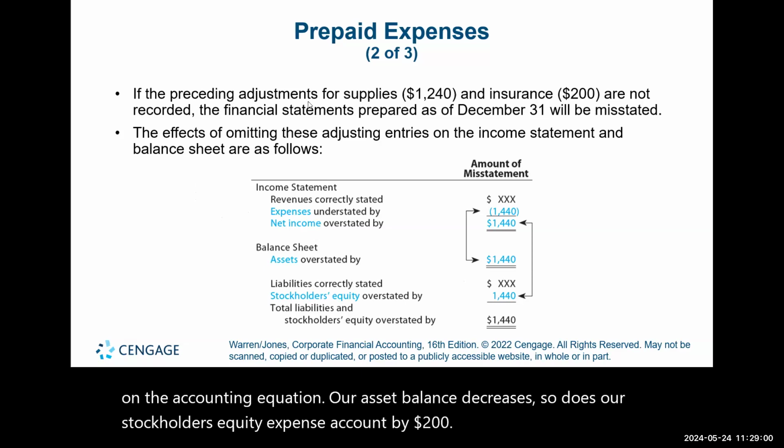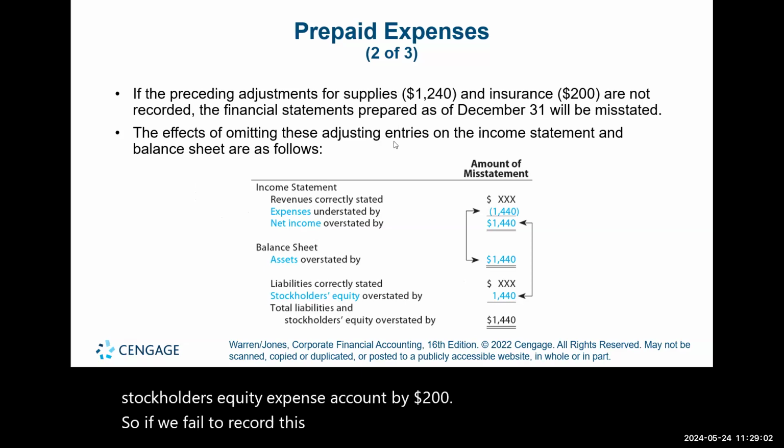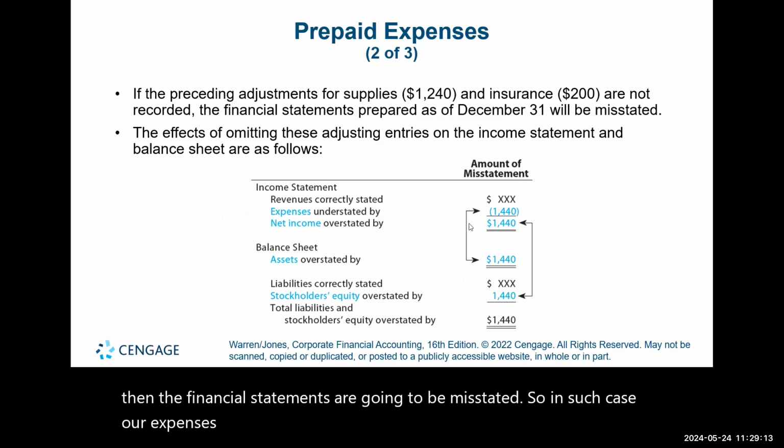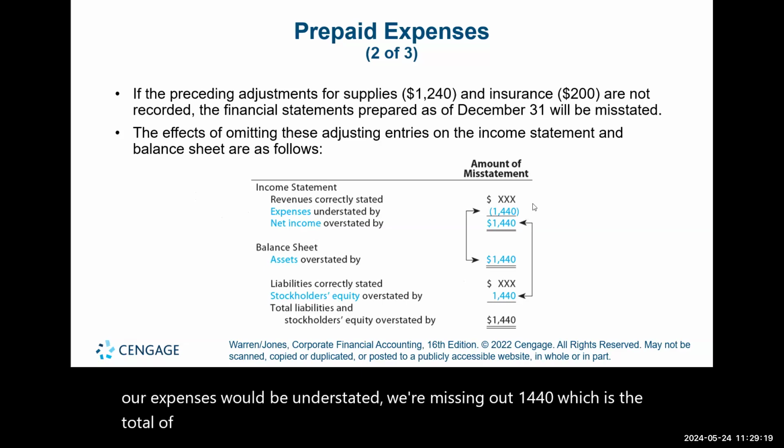So if we fail to record this entry of supplies of 1,240 and insurance of 200, then the financial statements are going to be misstated. So in such case, our expenses would be understated. We're missing out 1,440, which is the total of the supplies used and the insurance. So therefore, our net income would be overstated.